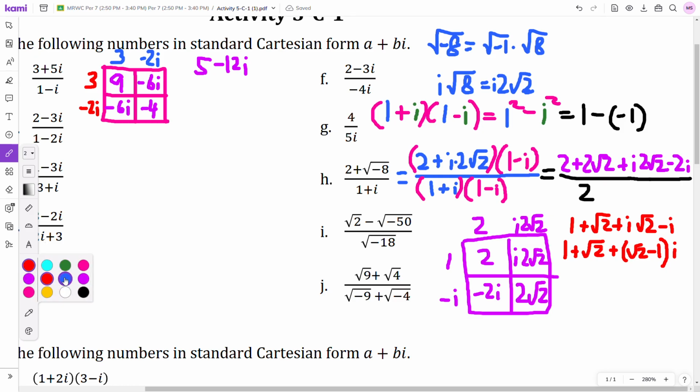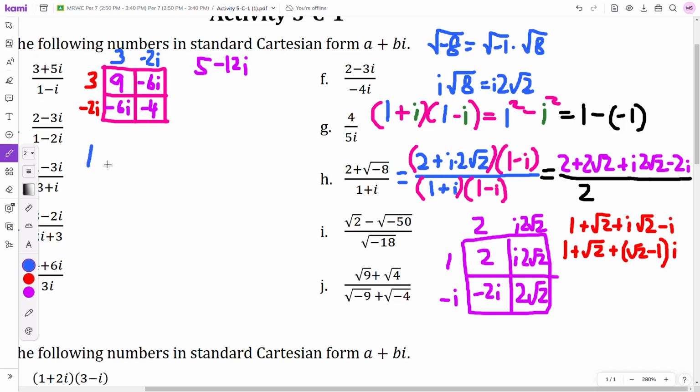Okay, let's go on to letter I. Or, yeah, number I, whatever you want to call it. Before I do anything, I feel like I should just factor out root 2. So if I factor out root 2, I just divide everything by root 2.